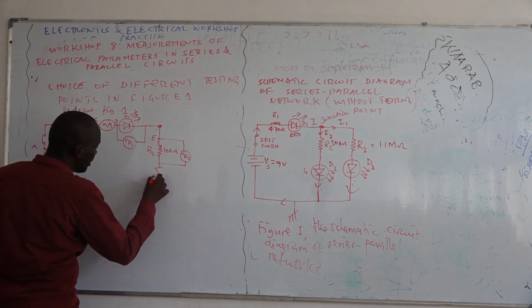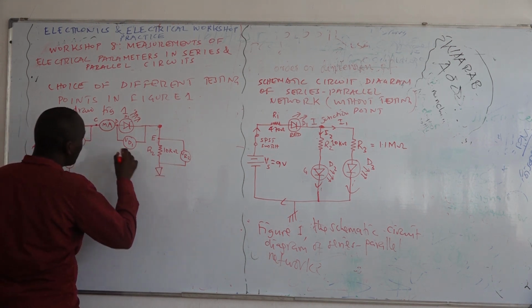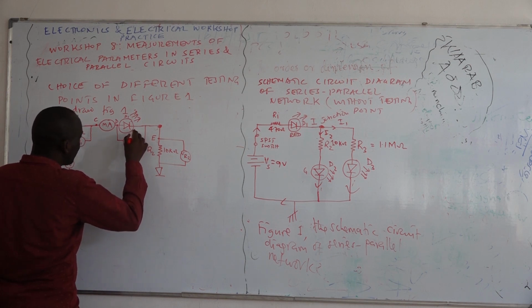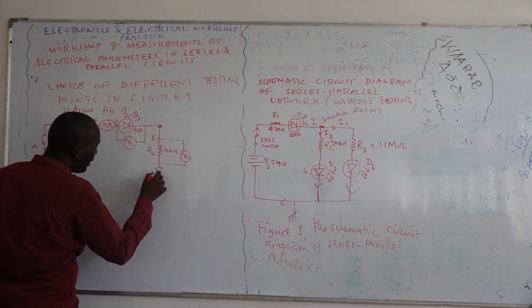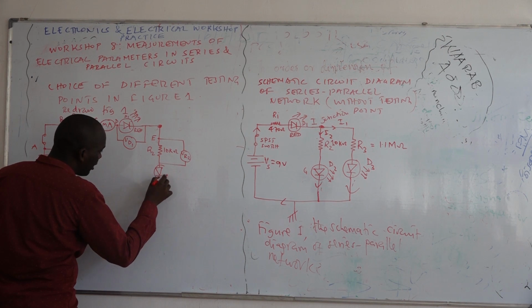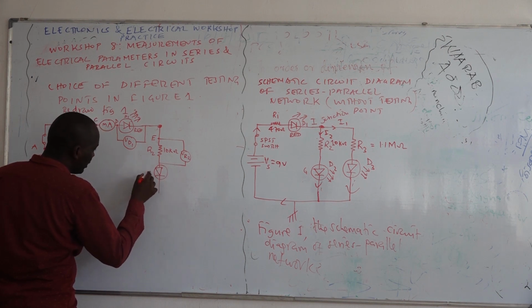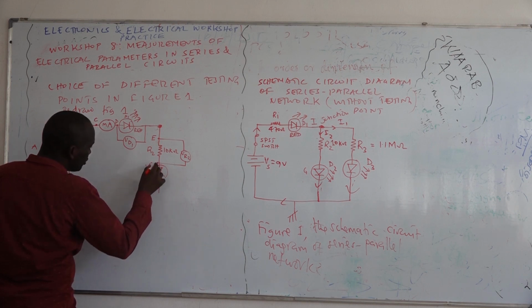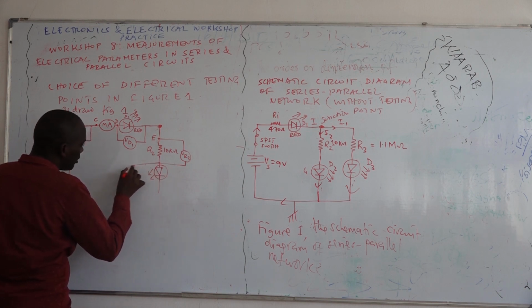Then we have a light emitting diode. Remember we said it is ready. A light emitting diode, so it emits light. So here we are going to have another testing point.